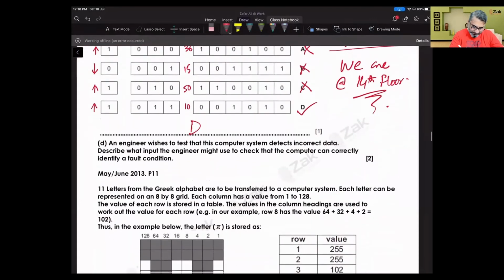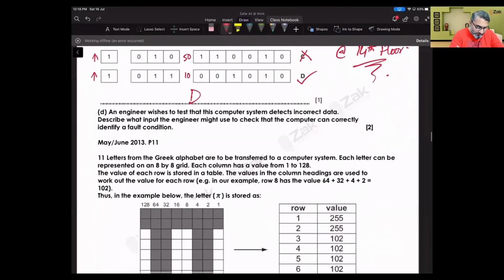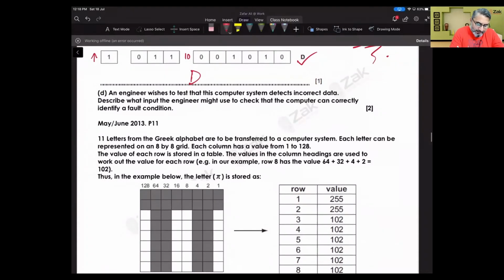Now, an engineer wishes to test that this computer system detects incorrect data. Describe what input the engineer might use to check that the computer can correctly identify a fault. This is a different question for a different topic. In register 1 and register 2 we won't have any problem, but in register 3 we may have a problem.